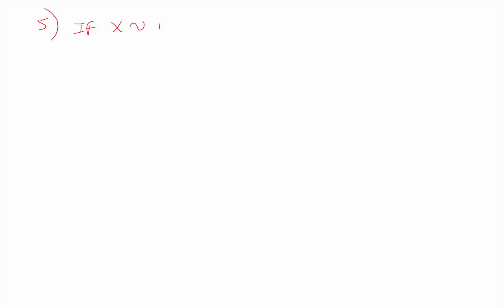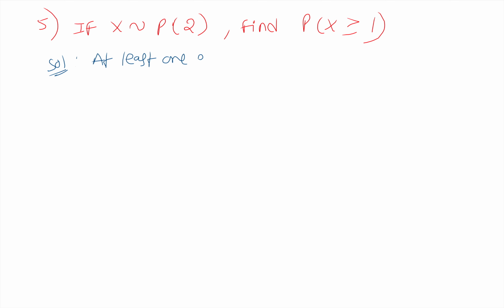If X follows Poisson distribution with lambda 2, find probability of X greater than or equal to 1, that is at least one event. Probability of X greater than or equal to 1 is equal to 1 minus probability of X equal to 0, which is a formula.